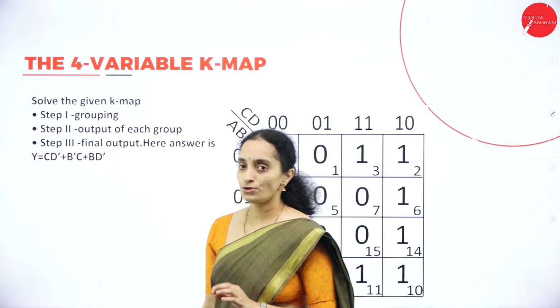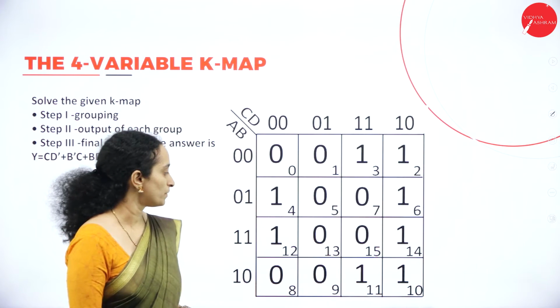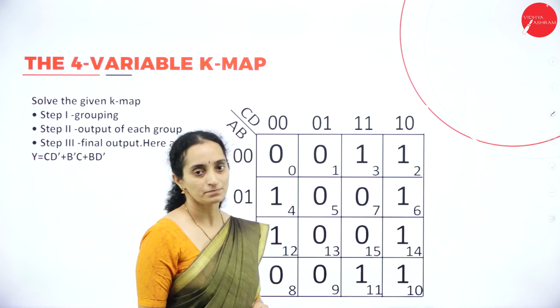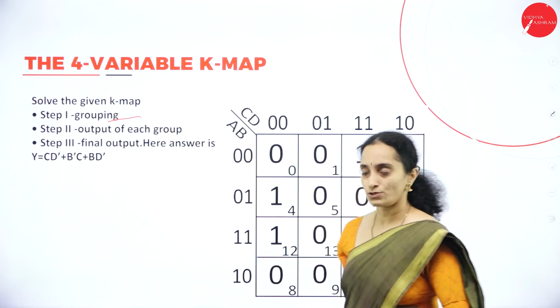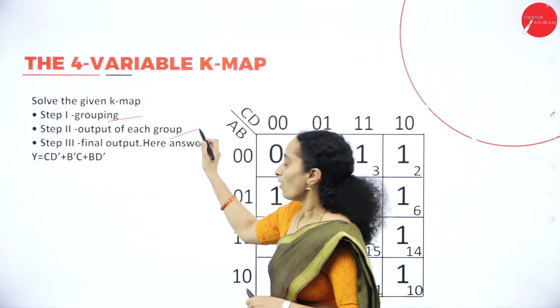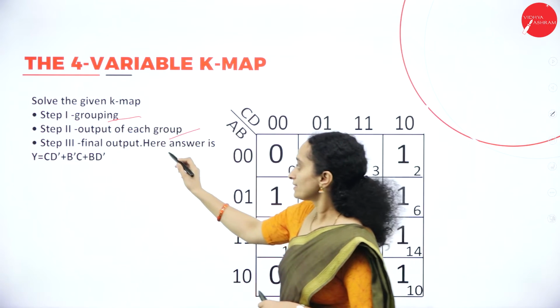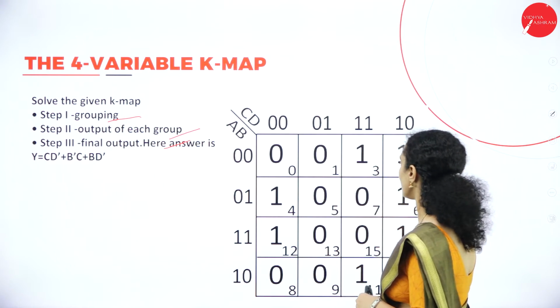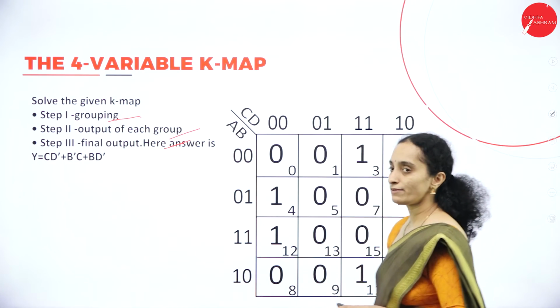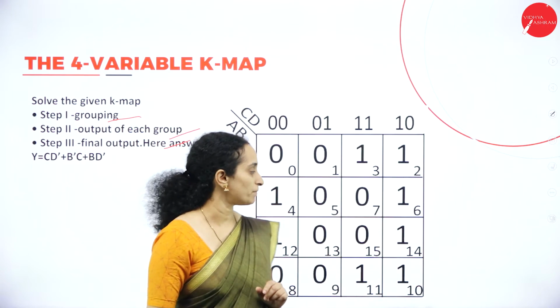Okay. How do you solve this 4 variable map? Step 1 is grouping, step 2 is the output of each group, step 3 is the final output. Okay. What is the answer you can take? How many groups can you make in this?